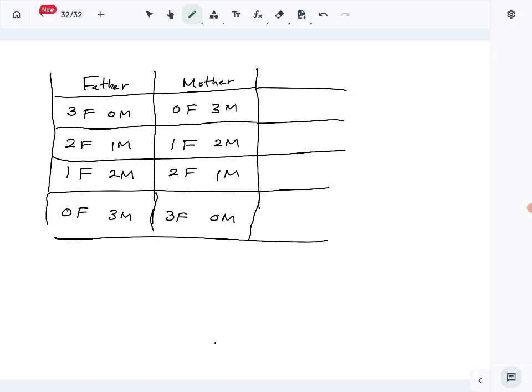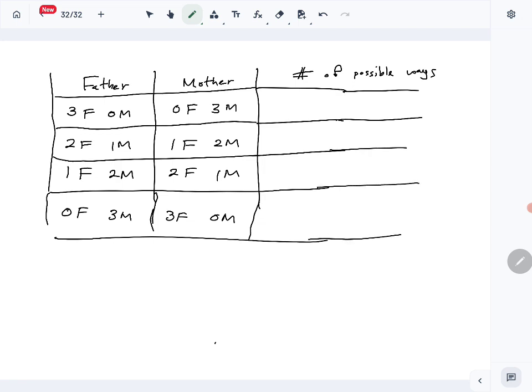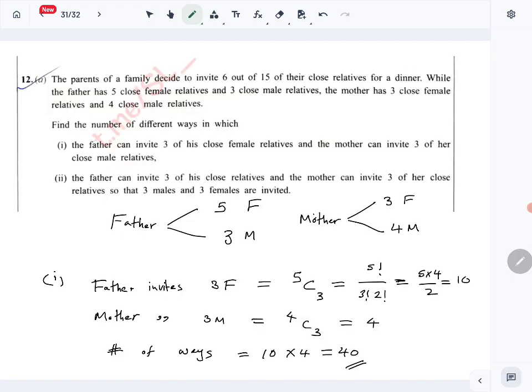Right. So now let's write down the number of possible ways for each of these cases. So for the first case, father invites three females, so that is 5C3.